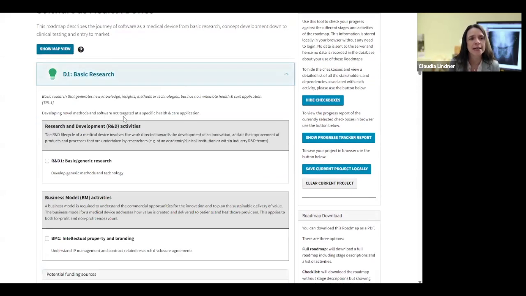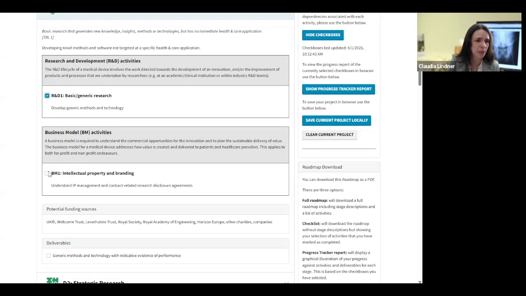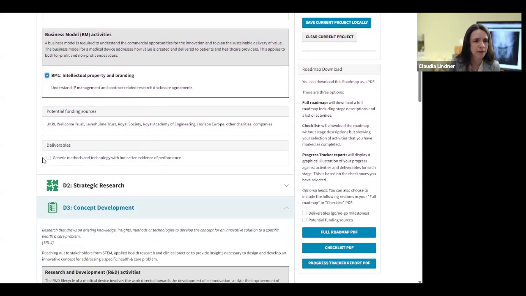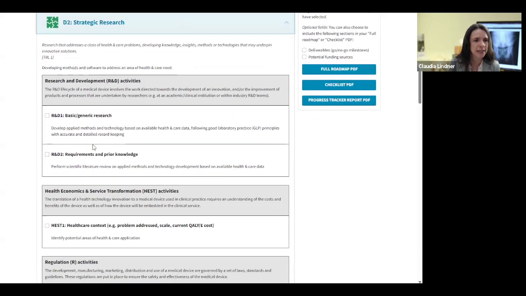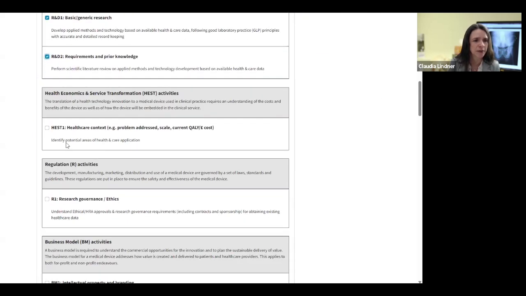But the difference in the list view is that you've got checkboxes. So you could, for example, say, okay, for the project I've currently got, yes, I've done that basic research. I've also started looking into the business model activities, and I've also completed my first stage, second stage. I might have also already completed the research activities.